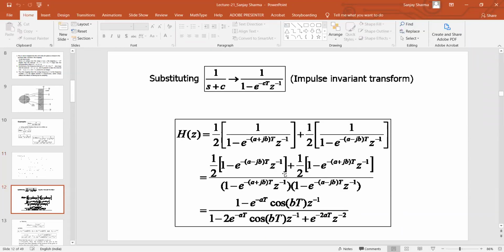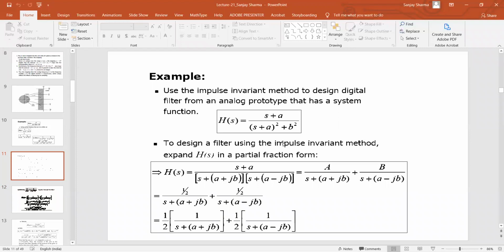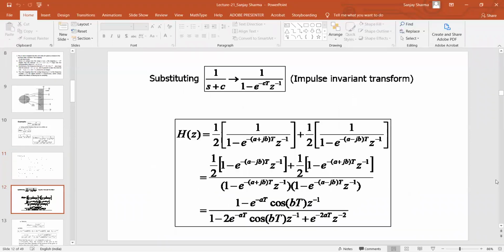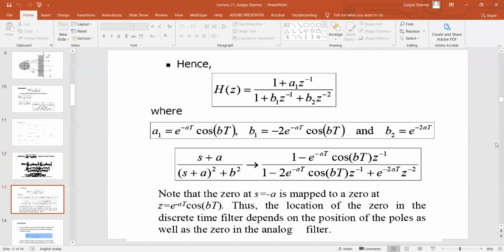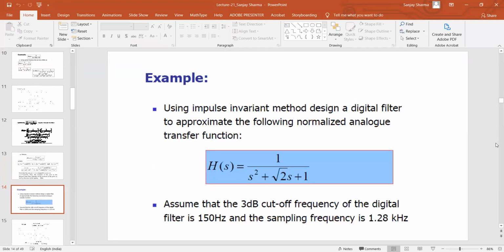This is the digital filter or digital equivalent of this analog filter. All right. And so this is further how we can get the coefficients, how the coefficients are related. All those things are there.